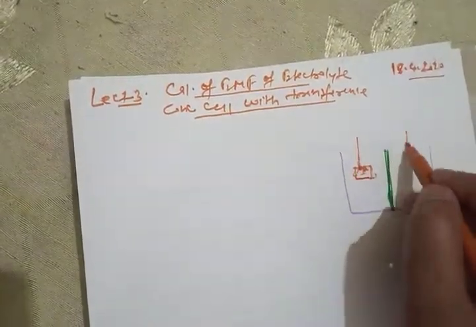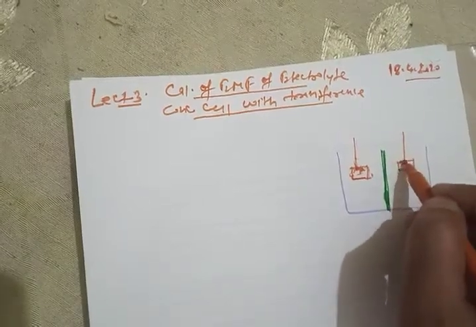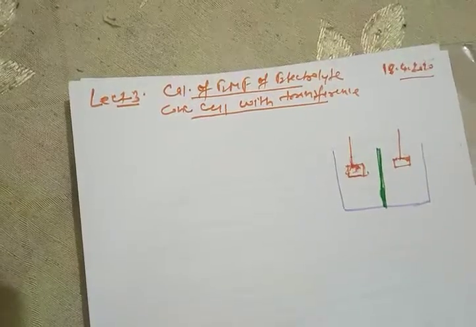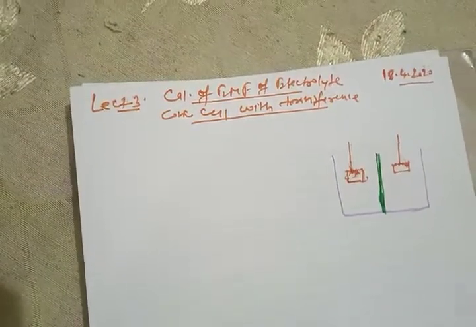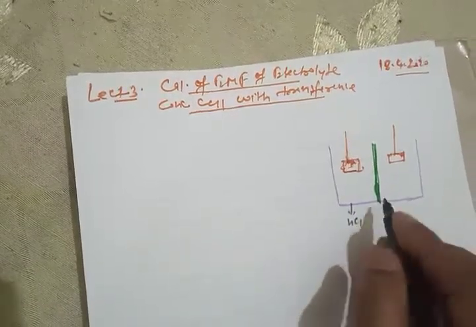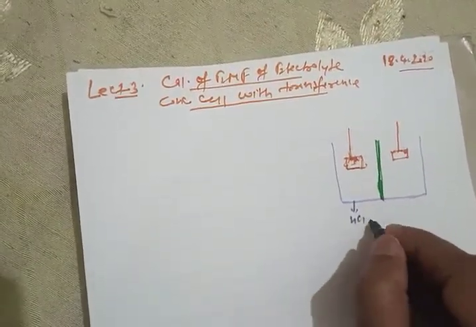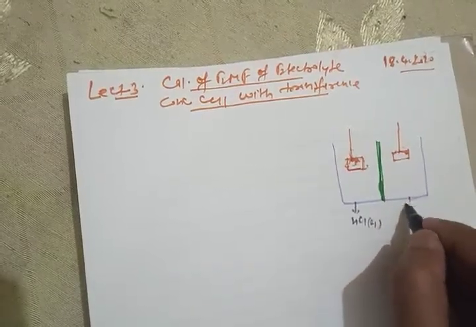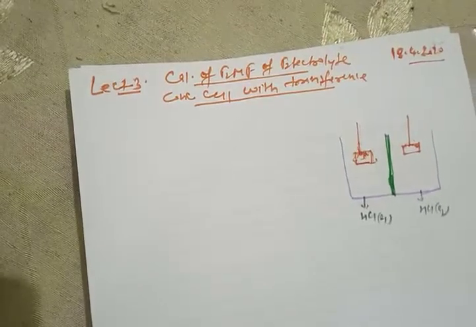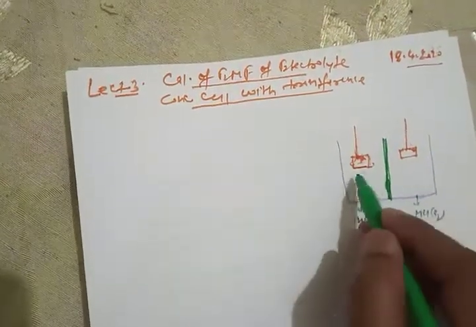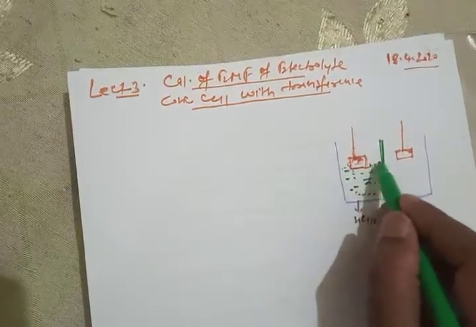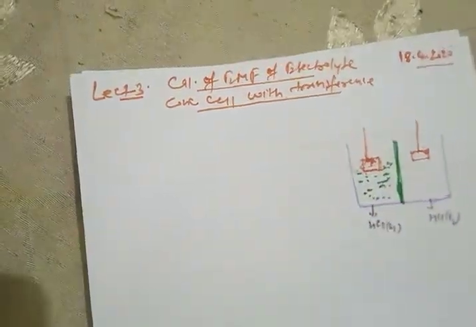and this is another hydrogen electrode. This is the platinum rod, and here we will take the HCl of A1 concentration, and here we will take the HCl of A2 concentration. So the concentration in both cases is different, which reflects that it is an electrolyte concentration cell.